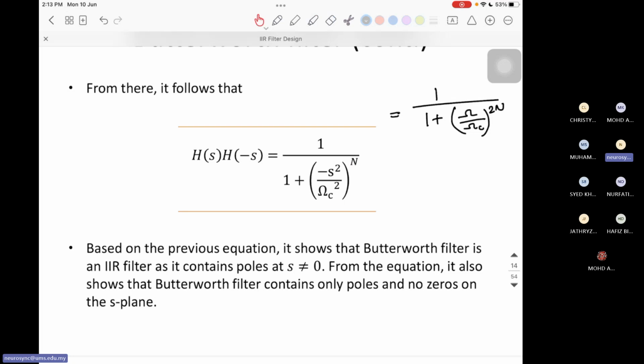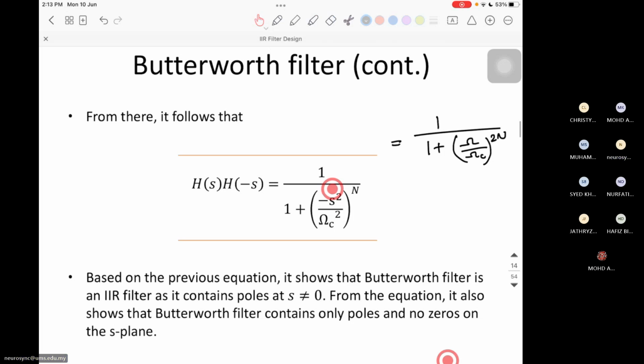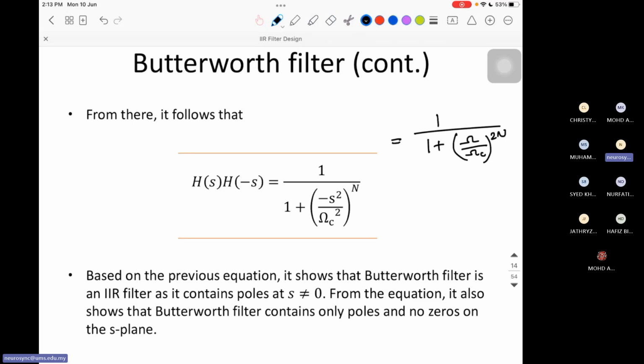Okay, and this is like this. So how did I get this? I put s is equal to jΩ, capital omega.